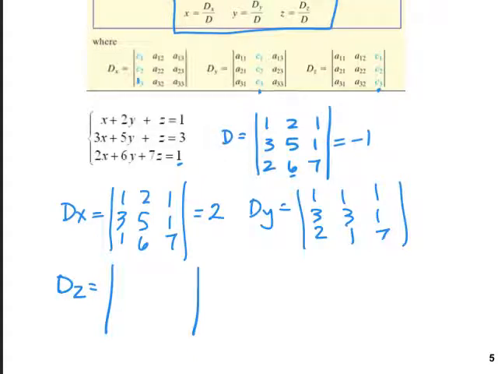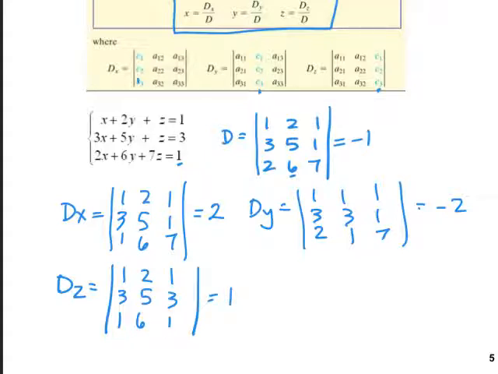Likewise here, the x row doesn't change. The y row doesn't change. But when you get to the 0, you replace it with the 1, 3, 1 value. Now go ahead and pause it, find both those determinants. The d sub y determinant is a negative 2, and the d sub z determinant is a 1.